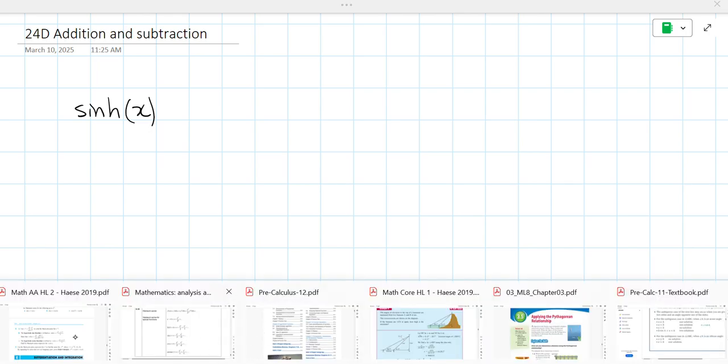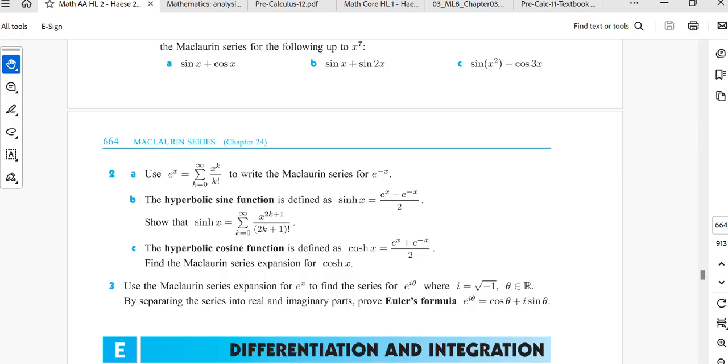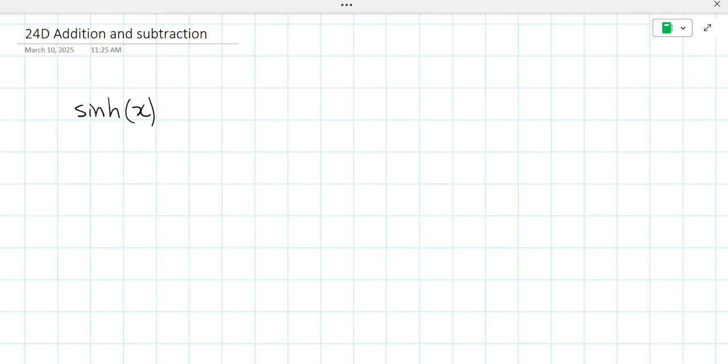So, according to the textbook, this is called a hyperbolic sine function. Do you use it in your calculator? I don't think so. But I think you can see on the decimals actually, sinh of x.